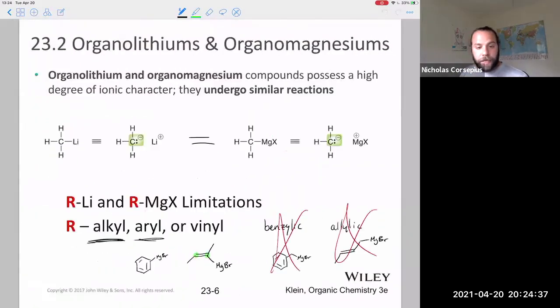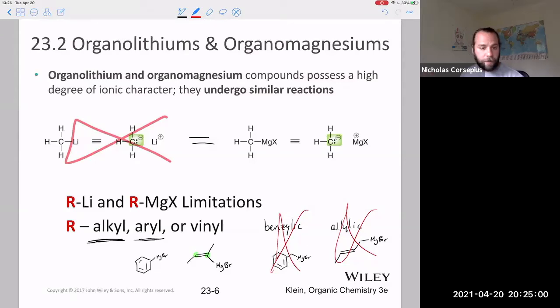I said, if I just want to go back real quick, I kind of said that you can keep these two in your mind, the organolithium and the organomagnesium. That's absolutely true. They react in the same reactions. The list of reactions for the organolithium are the same as the organomagnesium. Truth be told, nobody's going to use an organolithium when they could just use a Grignard. Lithium costs about 10 times as much as magnesium.